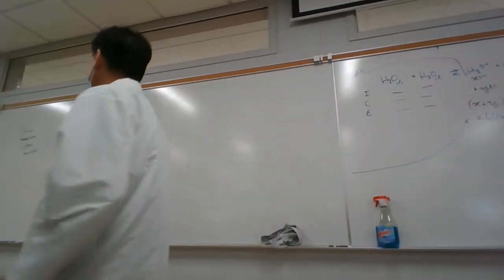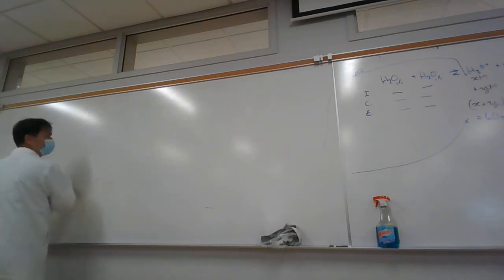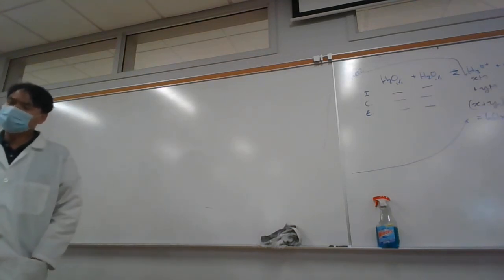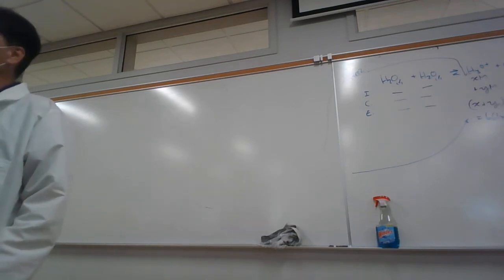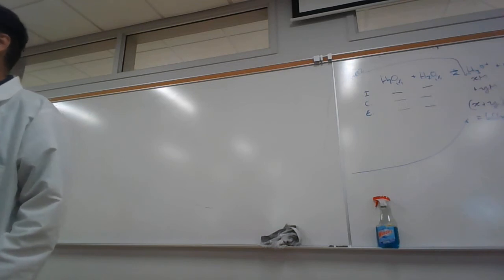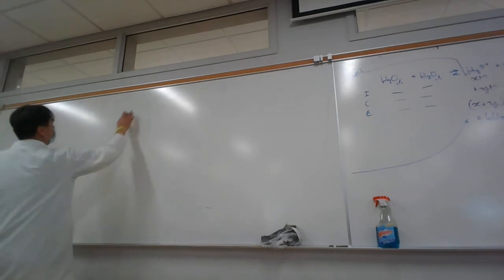So let's take a look at the part 2 of the lab. And in this case, I'm going to go through the full calculation. Because when you did the calculation, did you factor in the additional hydronium you would get from Kw? No, you didn't. But this time we will.